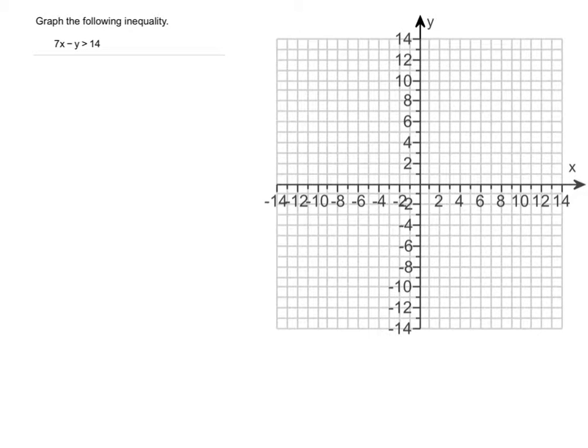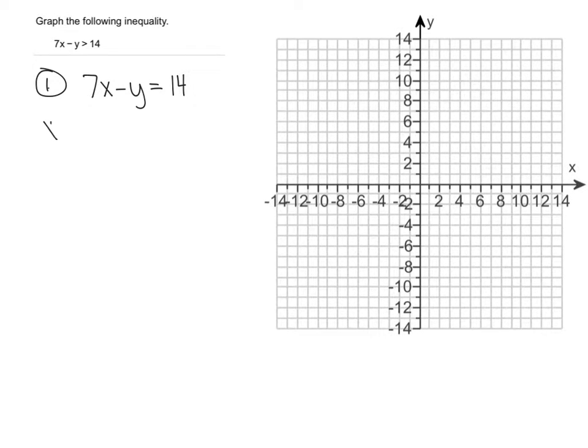So first, we want to take 7x minus y is greater than 14, and I'm going to write this using an equal sign. Now I want to find the x and y intercepts. Once I have 2 points on a line, I can graph the line.